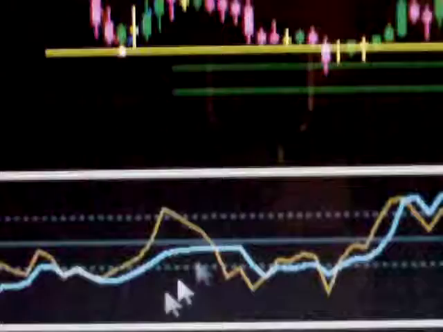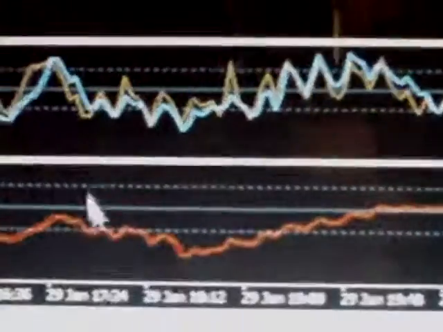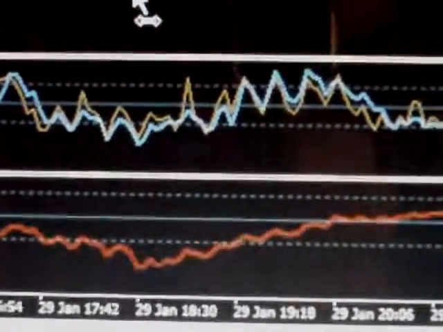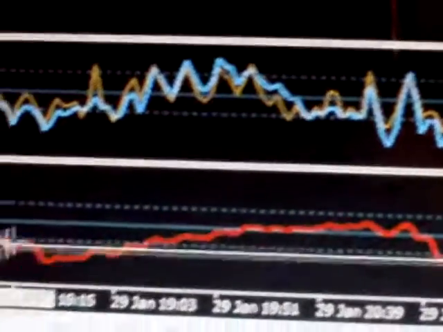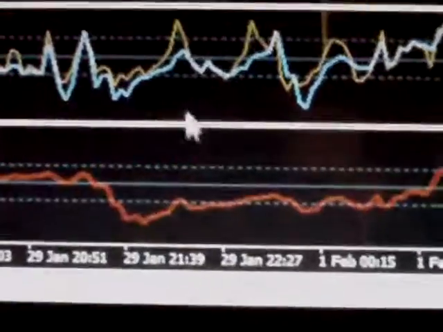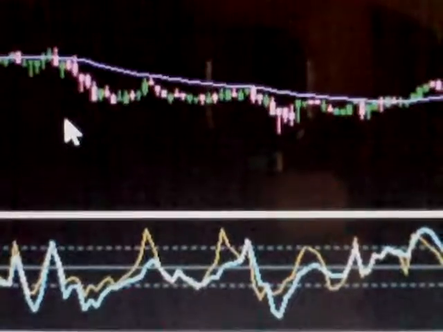And even though the 5-minute and 3-minute were very whipsawy in terms of the CCI down here, see, CCI lost the negative 100 line somewhere around here, while the 15-minute was still going strong. So you had no simultaneous exits.